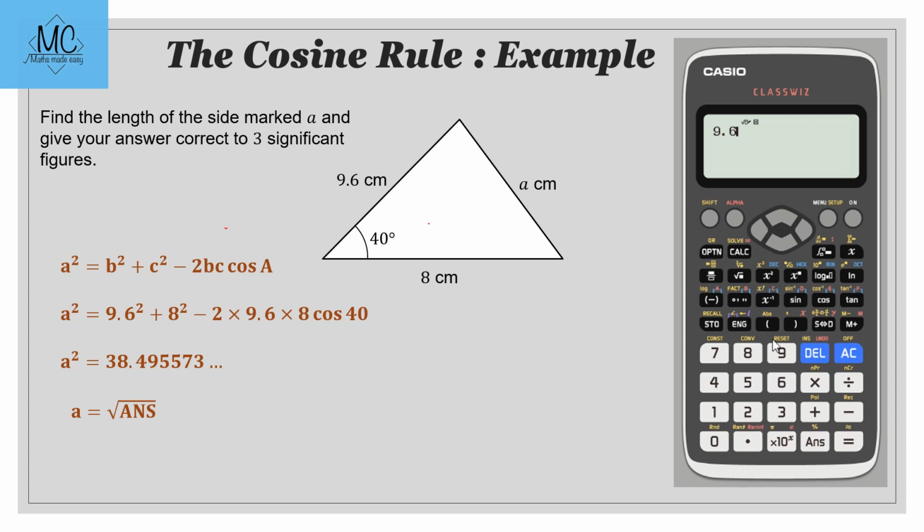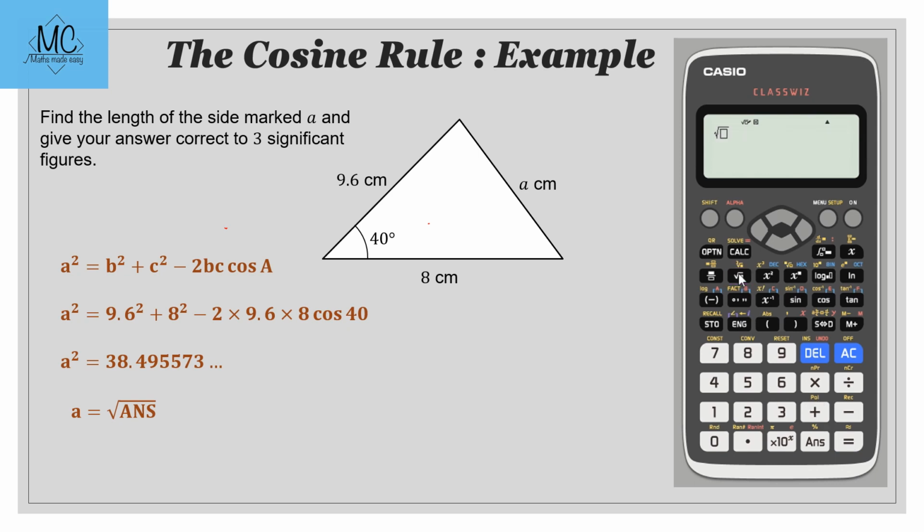So I'm going to input the entire value: 9.6 square plus 8 square, it should be minus 2 times 9.6 times 8, and then my angle which is cos 40, bracket close, equals to. This is the answer, as I have written the same answer.